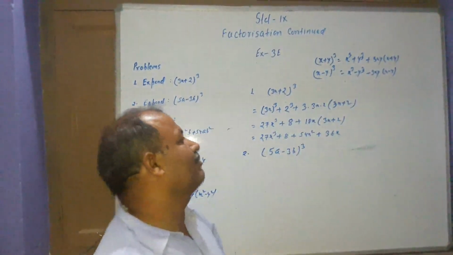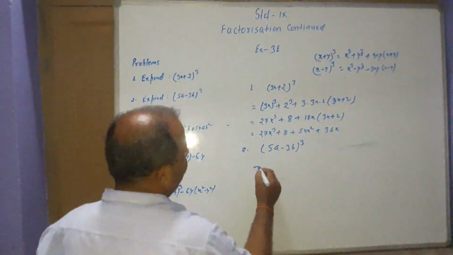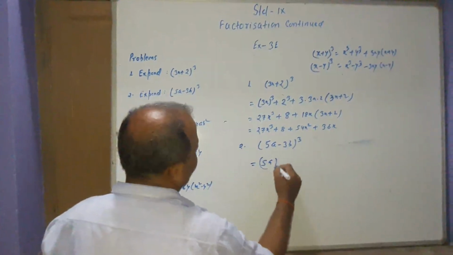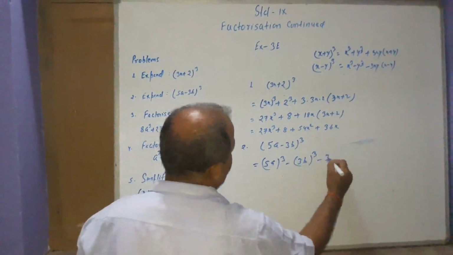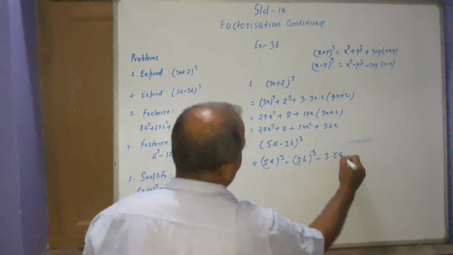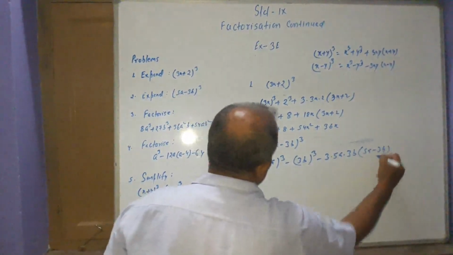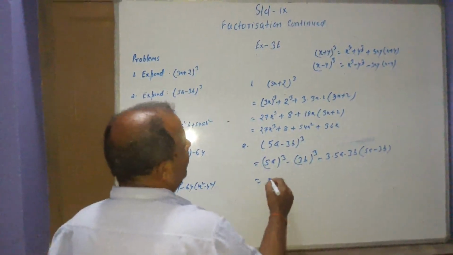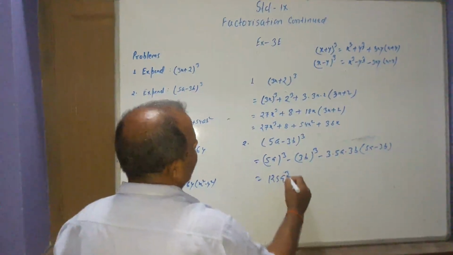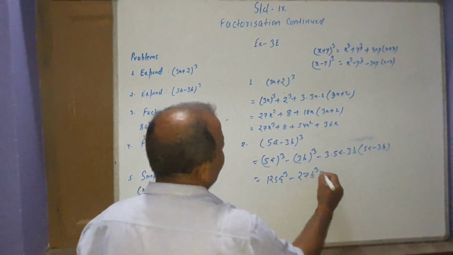When we expand like this, we find cube of 5a minus cube of 3b minus 3 into 5a into 3b into 5a minus 3b. 5 5s are 25, 5 25s are 125 a cube. 3 3s are 9, 3 9s are 27 b cube.